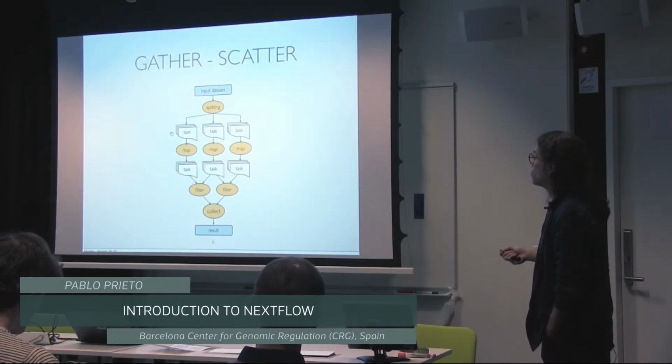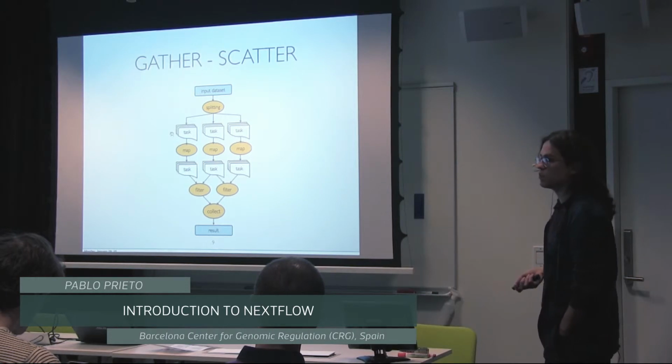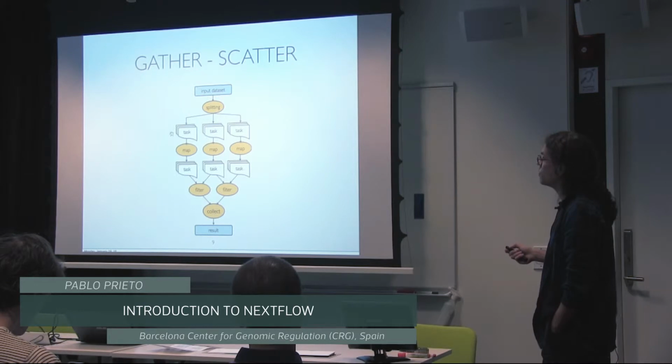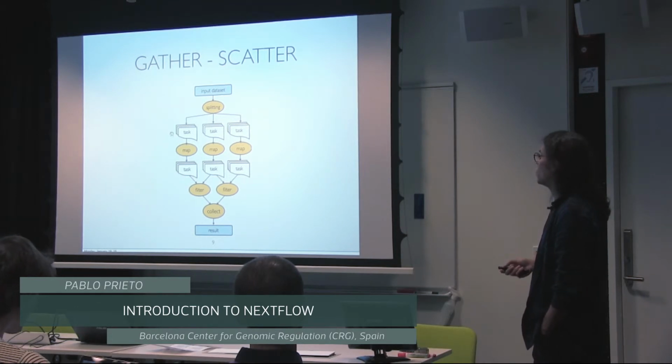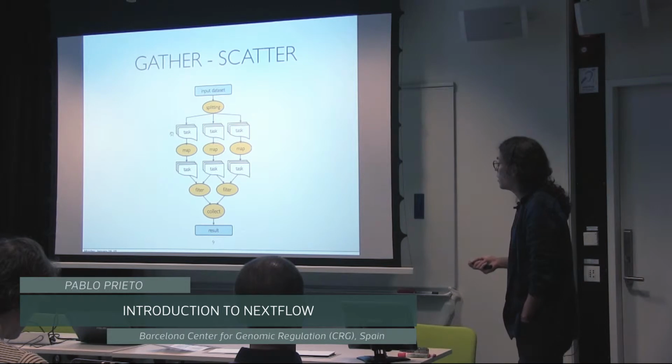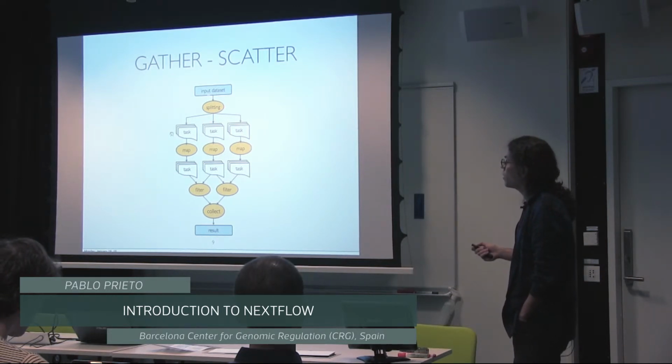And so this is one typical example that you can apply in our pipelines, where you have big data sets that you can split either by samples or by sequences or families or chromosomes or whatsoever. So you have these operators, it's not like functions, but it's something that you can apply to the data that is passing through these channels in order to transform it.